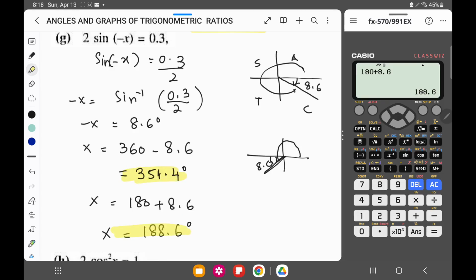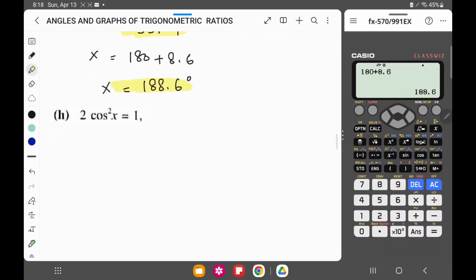I hope you understood. For part H, you can see cos square. So it means we'll have two answers for x as the basic angles. Obviously it will be positive and negative. So cos square of x is equal to half. Then cos of x is equal to plus and minus 1 upon root 2.